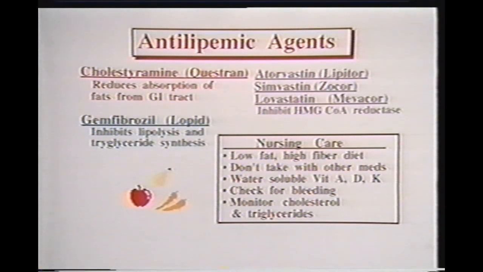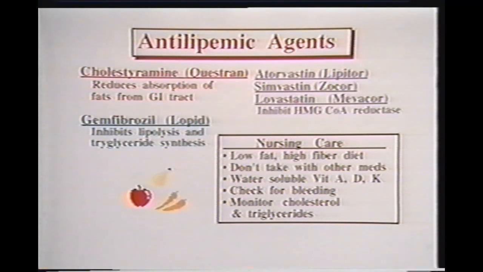Remember that cholestyramine looks kind of like Metamucil. It's granules that you mix in liquid, and you need to take that, of course, at mealtime if it's acting in the GI tract.